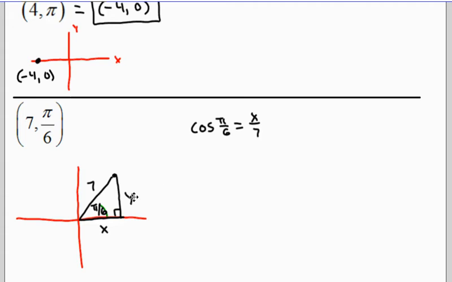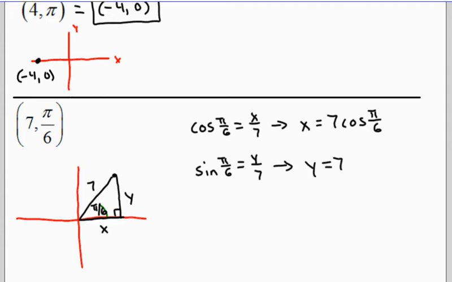I can use the same technique to get y, but I use the sine of pi over 6, which would equal y over 7. So it basically turns out that x is 7 times the cosine of pi over 6, and y is 7 times the sine of pi over 6. Or basically, x is r times the cosine of the angle, and y is r times the sine of the angle.